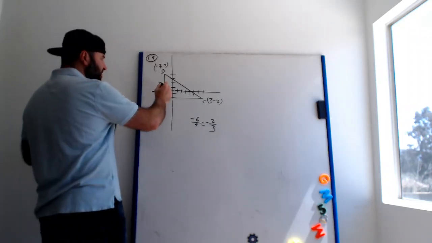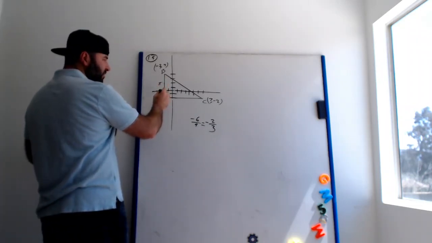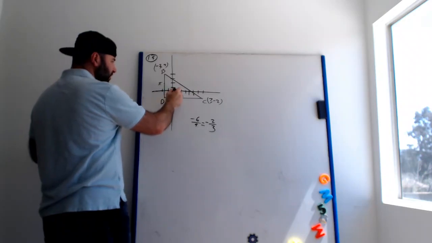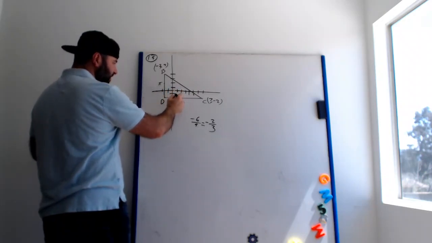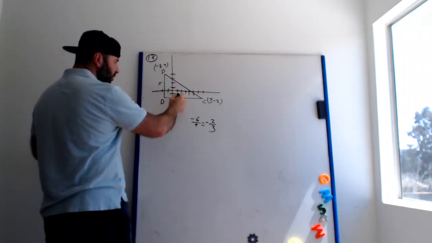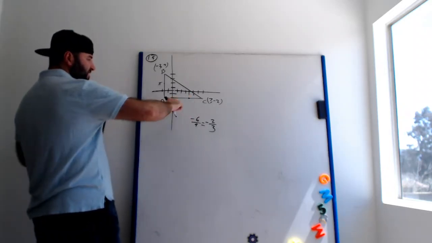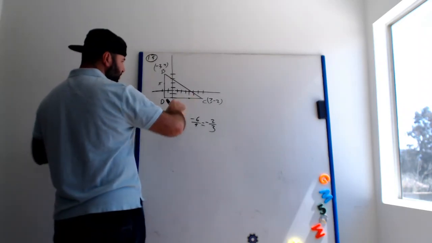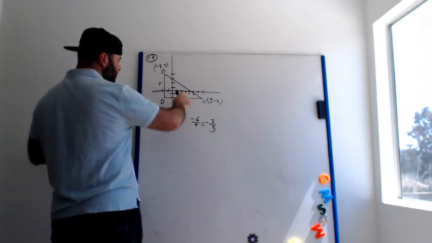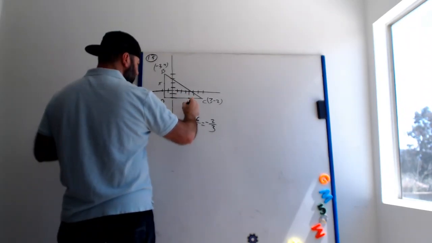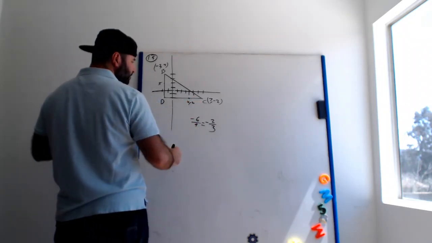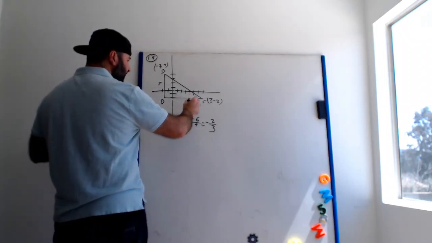I'm going to go down 2, 1, 2, and to the right 3, 1, 2, 3. And I can see that it intersects line DC at this point right over here, which is 4, -2. Okay, and that's the intersection point.